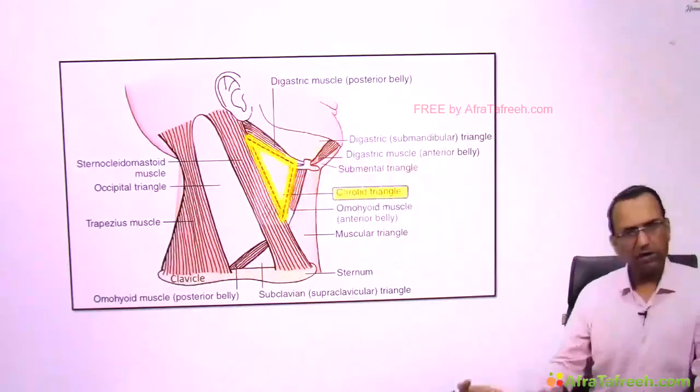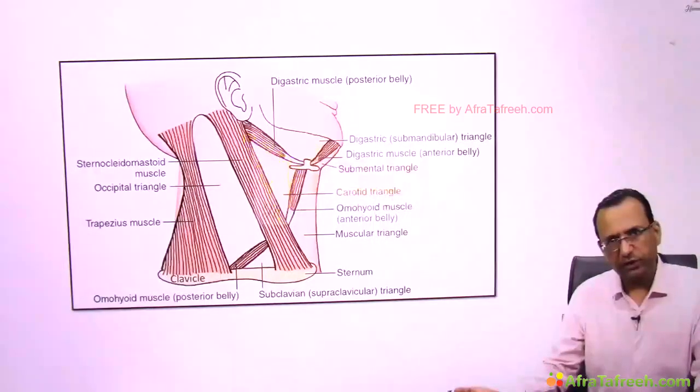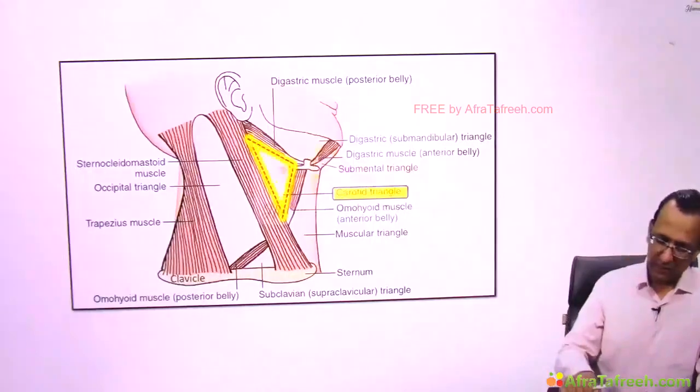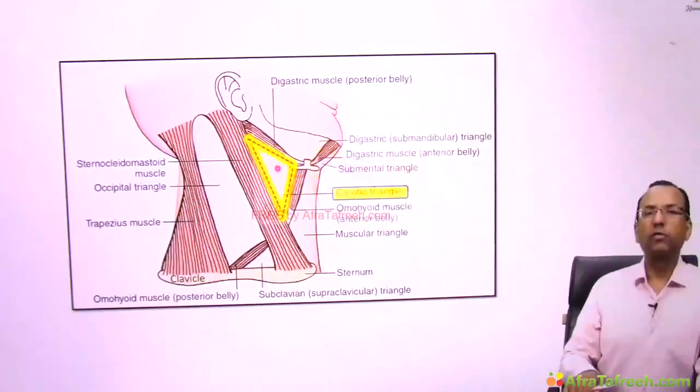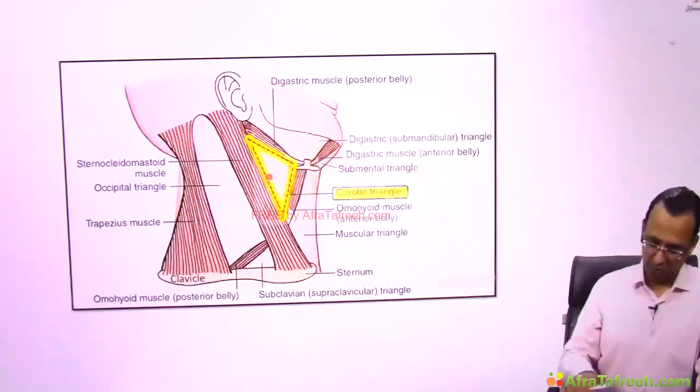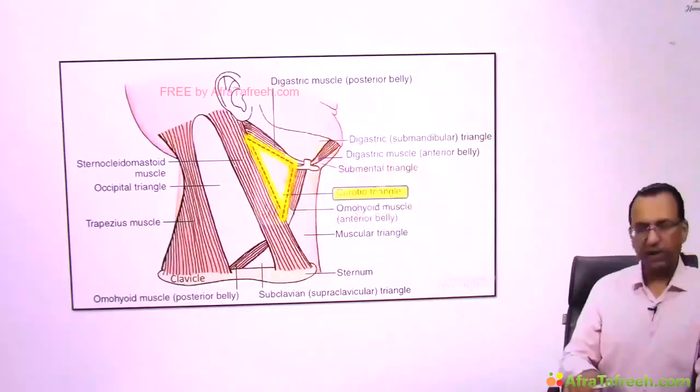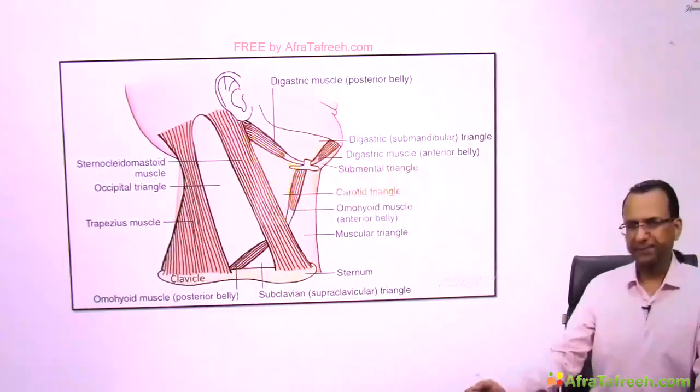Why is it called carotid triangle? Because that is where we see, right in the center, common carotid artery bifurcating into two branches, external and internal carotid artery. All the three will be contained here.